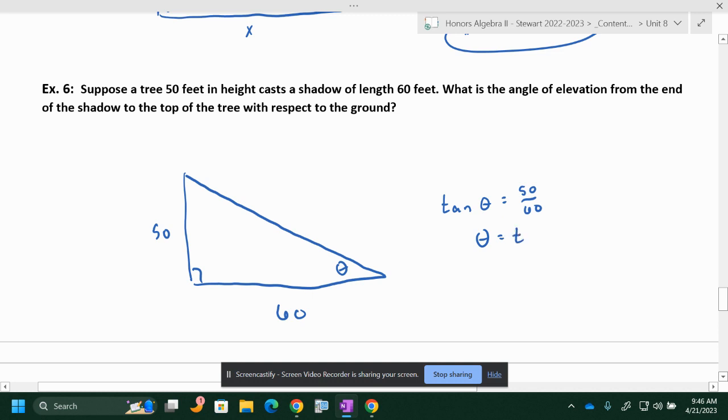Theta is equal to inverse tan of 50 over 60. So theta is going to be approximately 39.81 degrees.